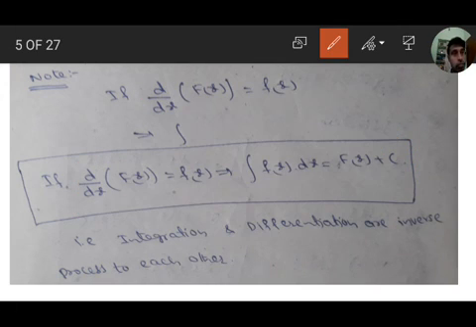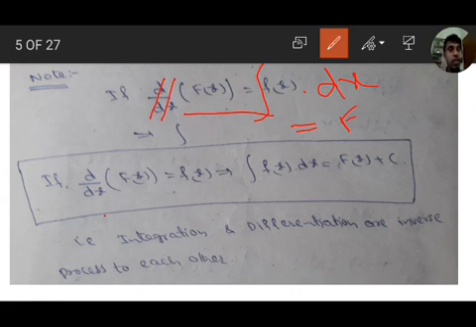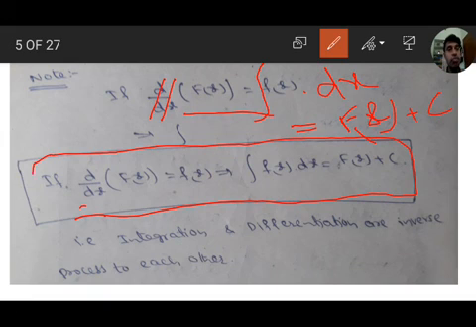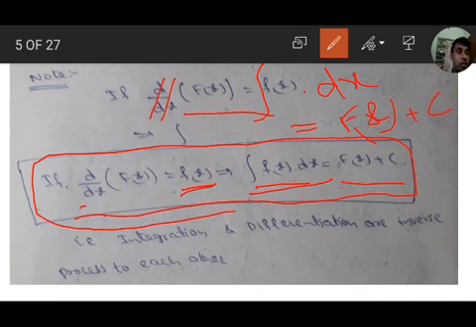Here, derivative of capital F of x equal to small f of x, then integration of small f of x dx equal to capital F of x plus c, the set of all antiderivatives. This is very important. Please note that while writing the formulas, we will use this.